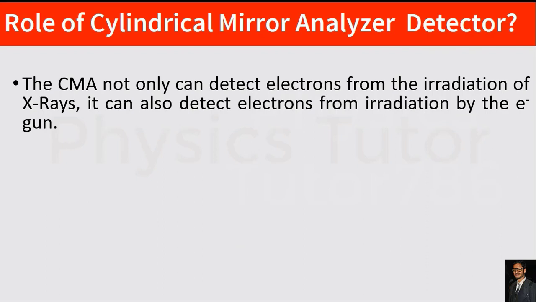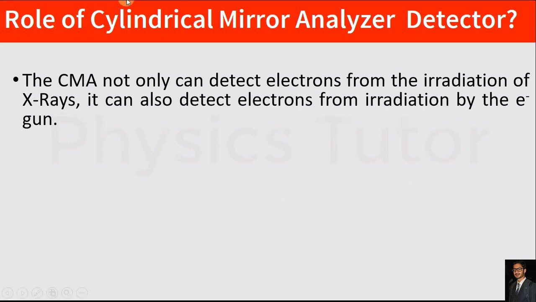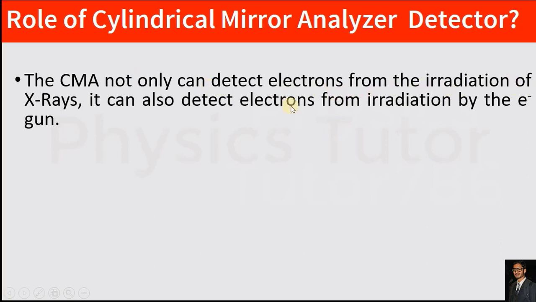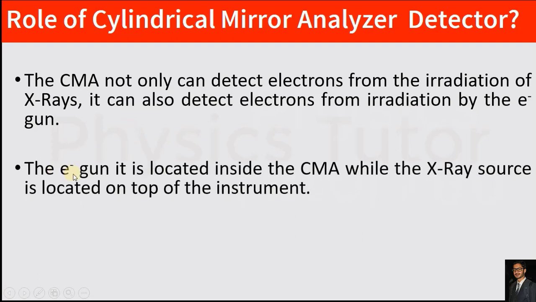So how does the CMA, cylindrical mirror analyzer, work? The CMA not only can detect the electrons from the irradiation of X-rays, it can also detect electrons from the irradiation by the electron gun. Second, the electron gun is located inside the CMA while the X-ray source is located on the top of the instrument.